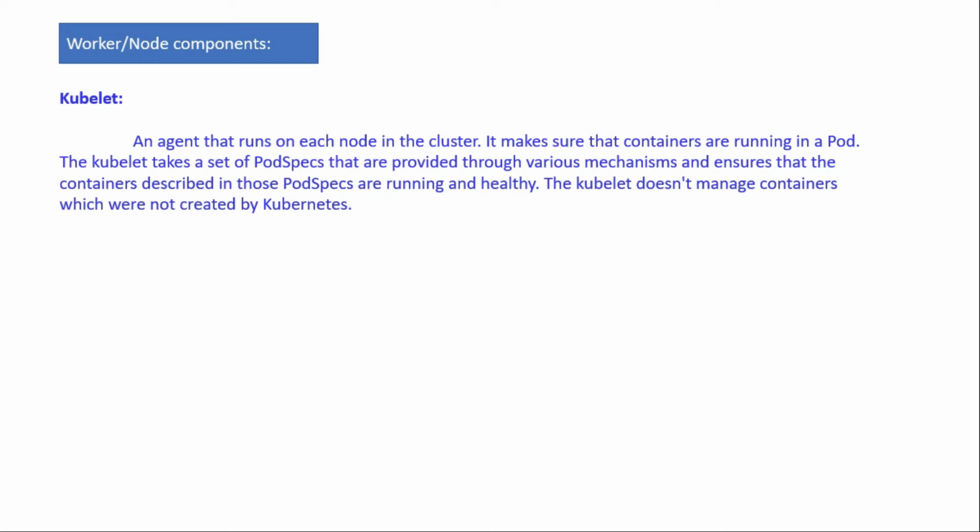If any container is not running, it will pass the information to the API server, and the API server will forward it to the controller and scheduler, and they will create another container in that pod, or might create another pod also. The kubelet takes a set of PodSpecs that are provided through various mechanisms and ensures that the containers described in those PodSpecs are running and healthy.